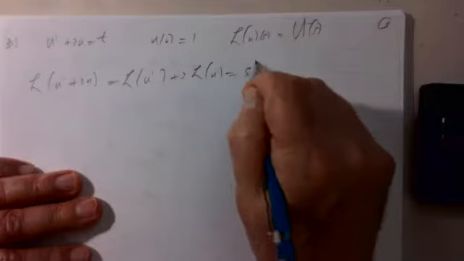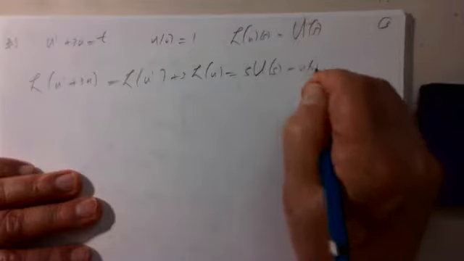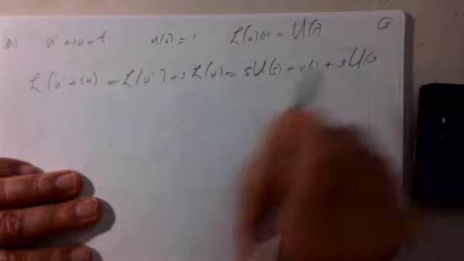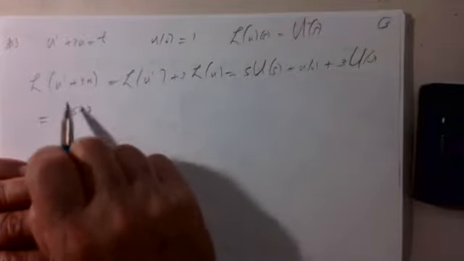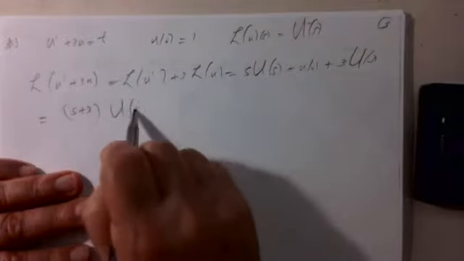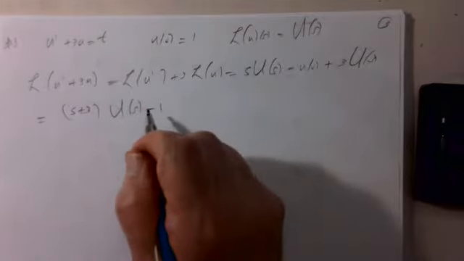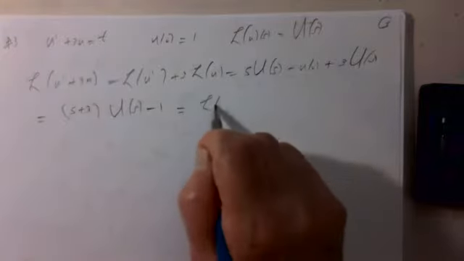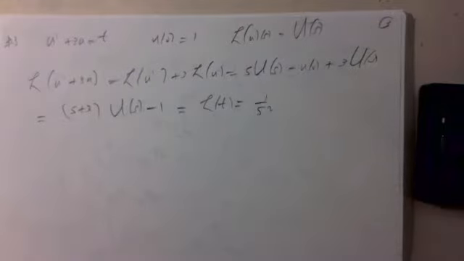This is equal to s U of s minus u of 0 plus 3 U of s. So this is (s plus 3) times the Laplace transform, minus 1. And this is equal to the Laplace transform of t, which is 1 over s squared.